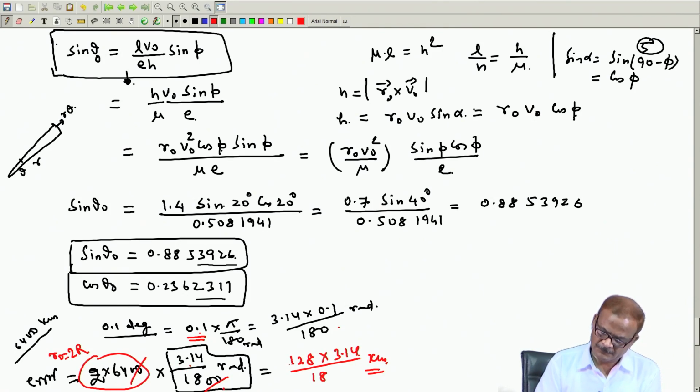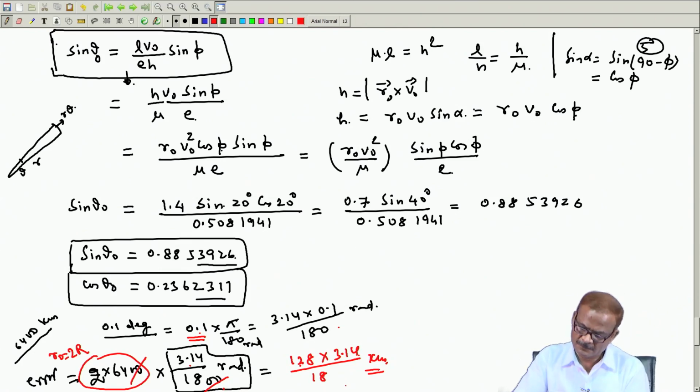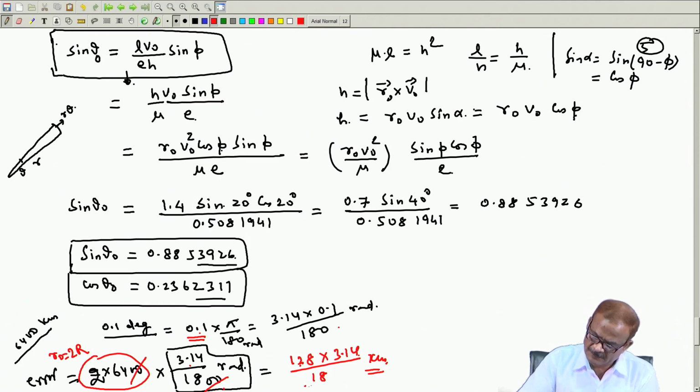So, 128 times 3.14 divided by 18, and if we approximate this by 7, let us say this is approximately 7, this is 21.98 kilometers.